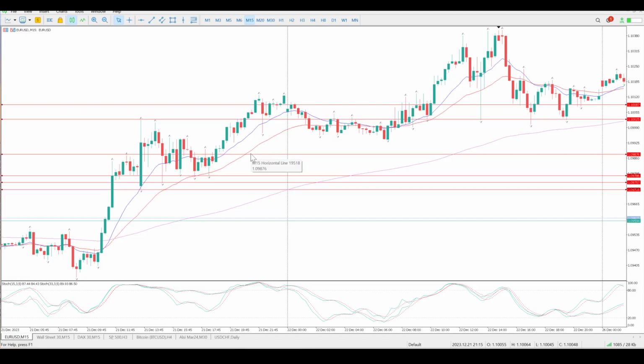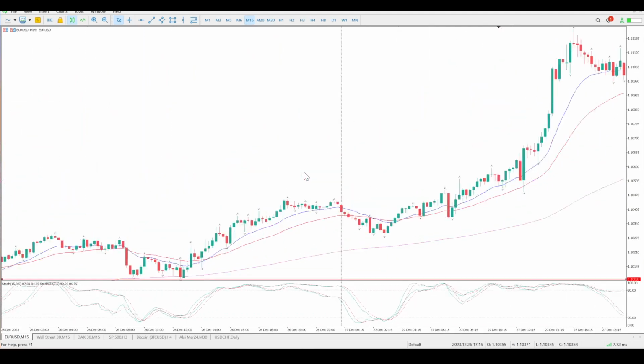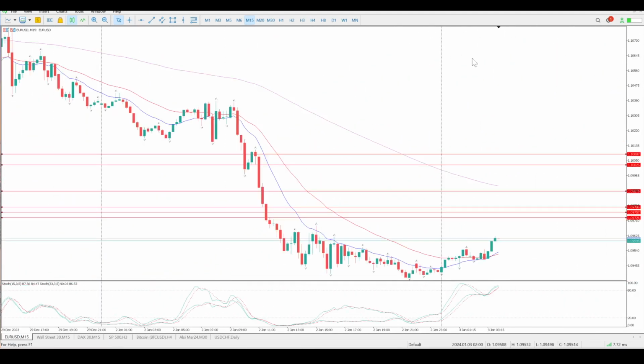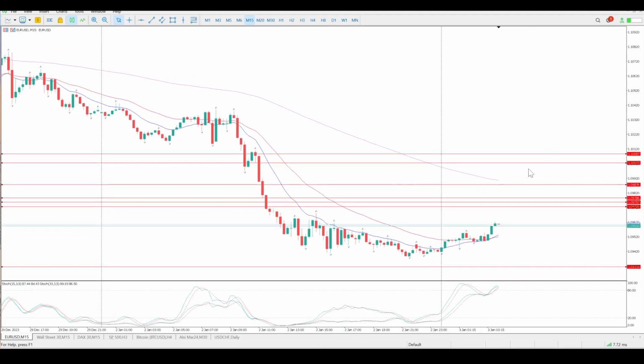So you have a range of levels from between 109.876 and 109.726. So if you've got those levels in on your 15-minute charts, if you come back to here, that would be the most logical area for a rejection, but you've got to cross over the moving averages. So take that with a pinch of salt.